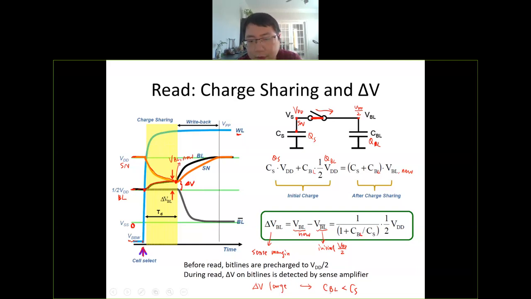So then you want the CBL smaller than CS. And typically today, CS is like 20 femtofarad for the typical DRAM. CBL you want less than that, maybe 10 femto, 5 femto, so you can get some reasonable delta V for the sensing.